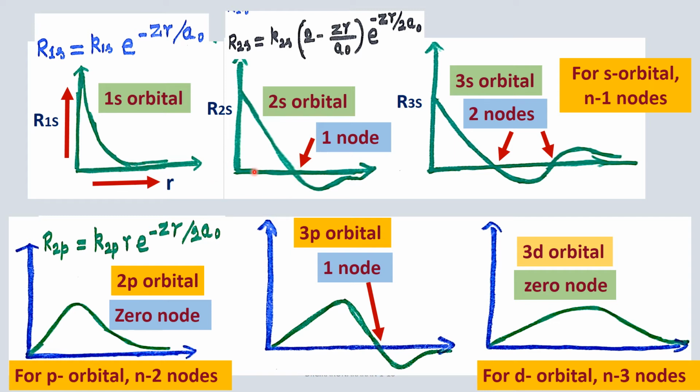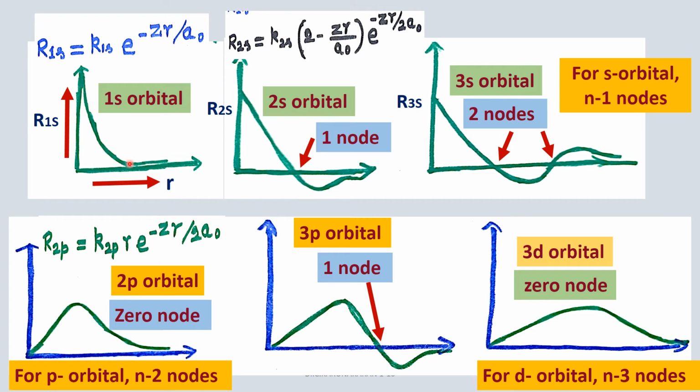In 3s orbital, there are two nodes, that is R3s equal to 0 at these radial distances. So in general, for 1s orbital, 0 nodes. For s orbitals, n minus 1 nodes are observed. For example, for 2s orbital, 2 minus 1, one node. For 1s orbital, 1 minus 1, zero nodes.